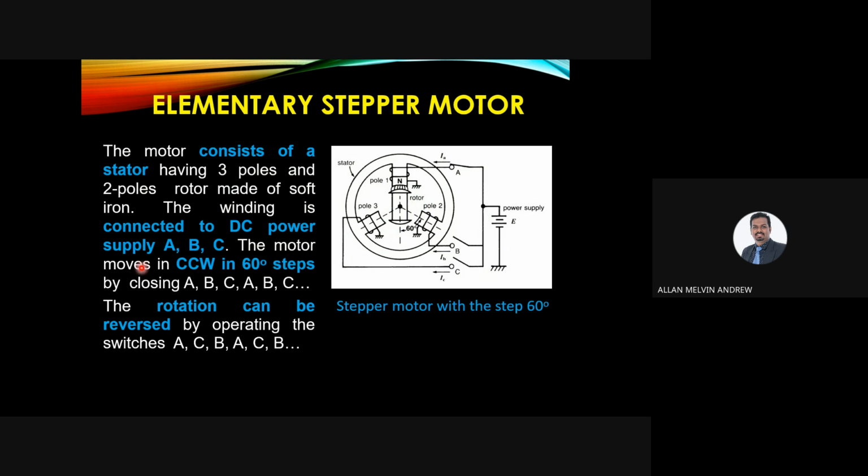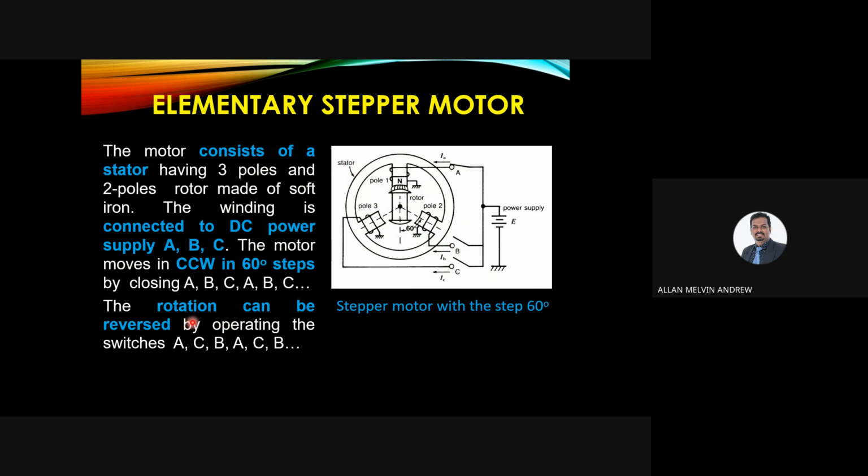The stepper motor generally will move in a counterclockwise direction, in 60 degree steps, because we have three angles. CCW is counterclockwise, so it will close A, B, C, then it will go back A, B, C, so it's actually a counterclockwise movement.